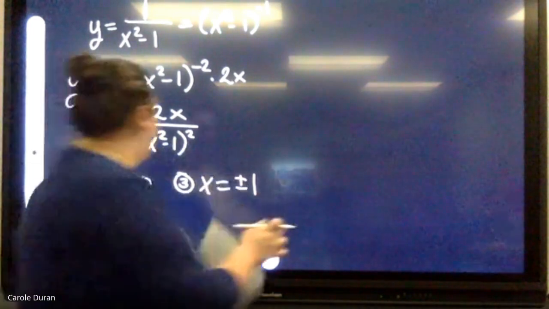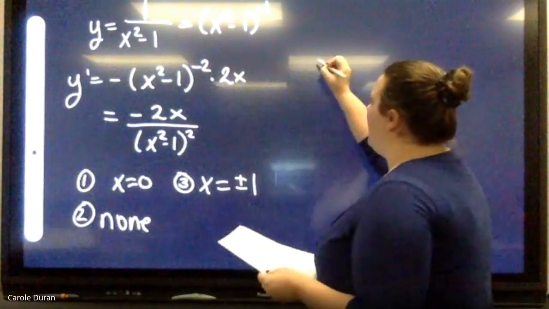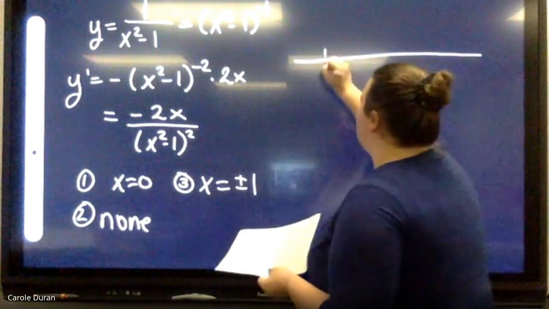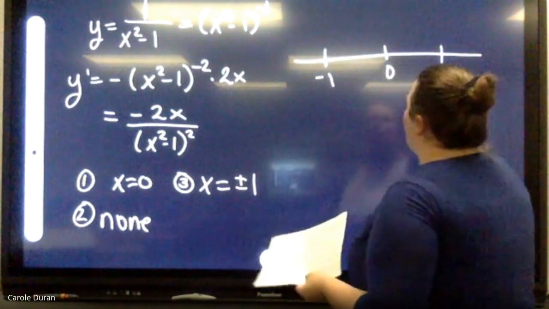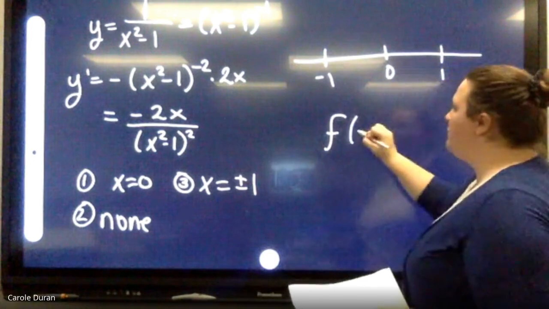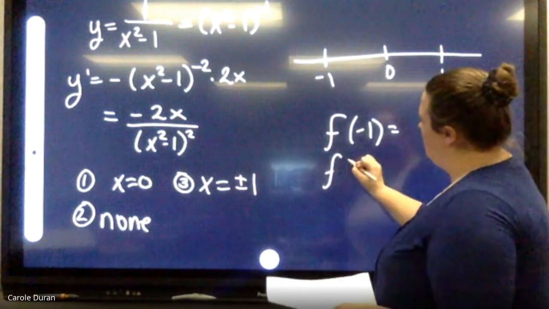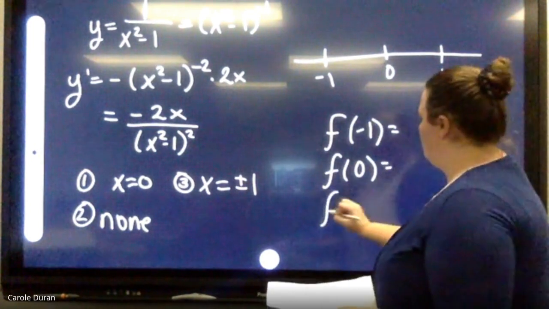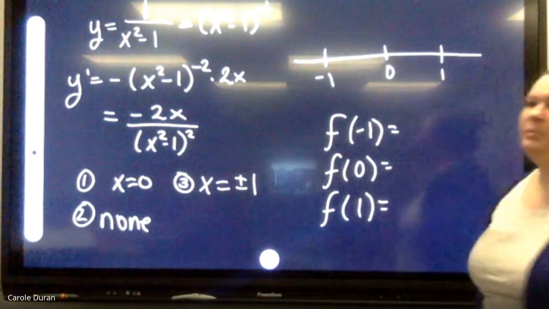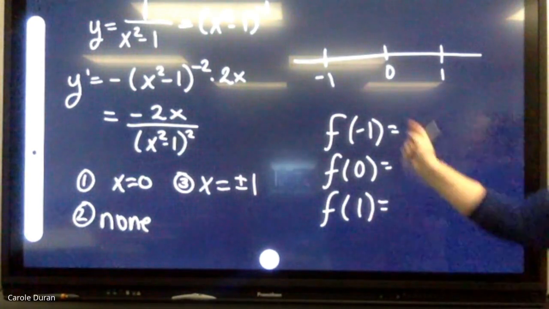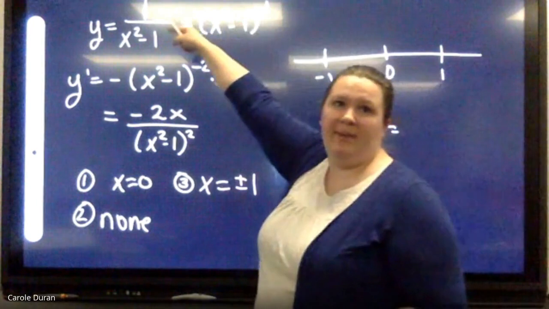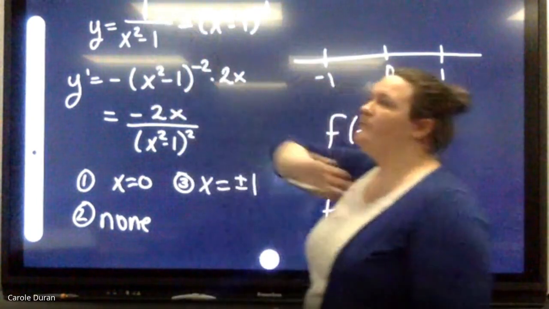So I go ahead and I can do the number line because that's what I like to do. You could also just plug them in and then verify afterwards. When we're plugging them in, we're plugging them back into the original function. So this one up here. Okay?